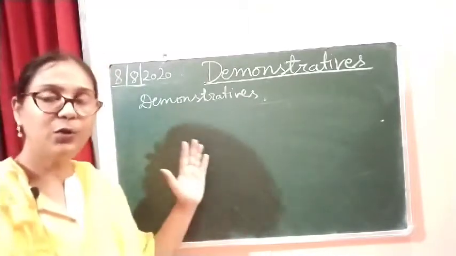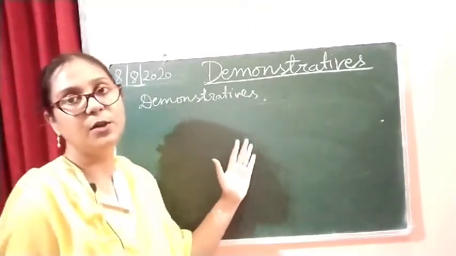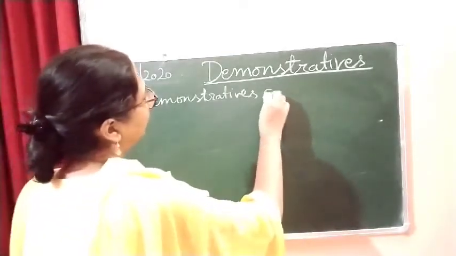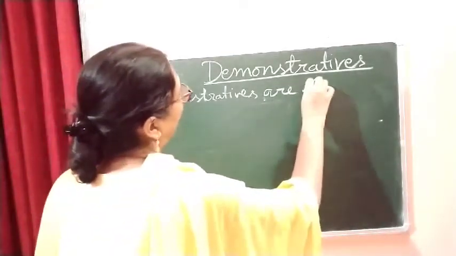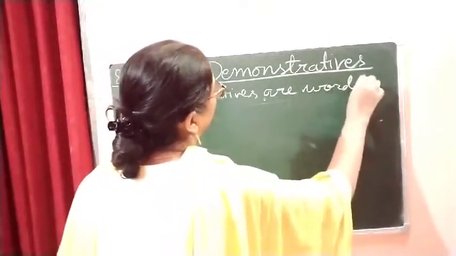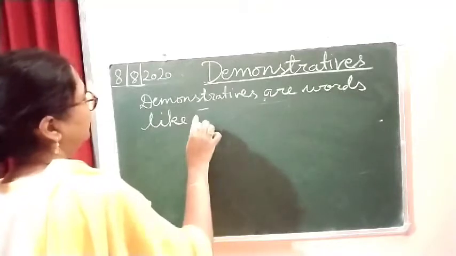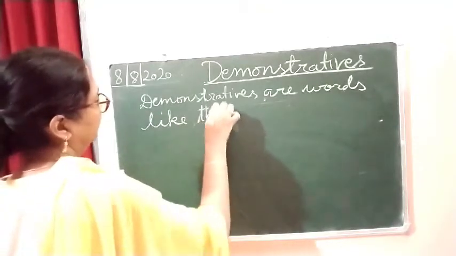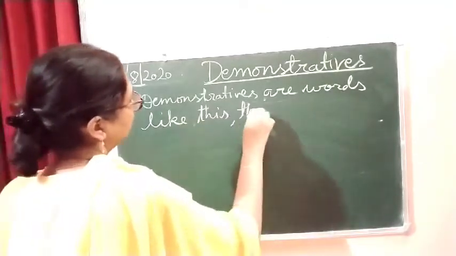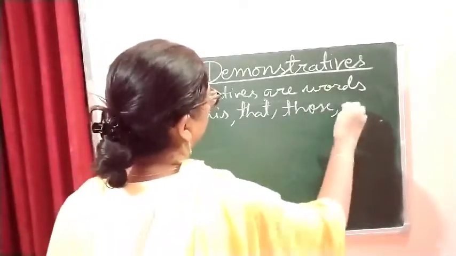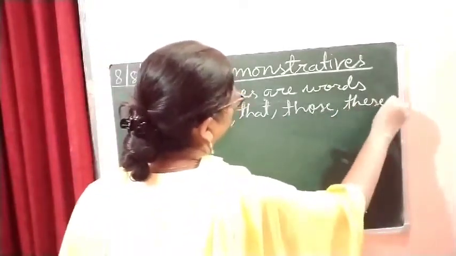So now I am going to write the definition of demonstratives. Demonstratives are words like this, that, those and these.